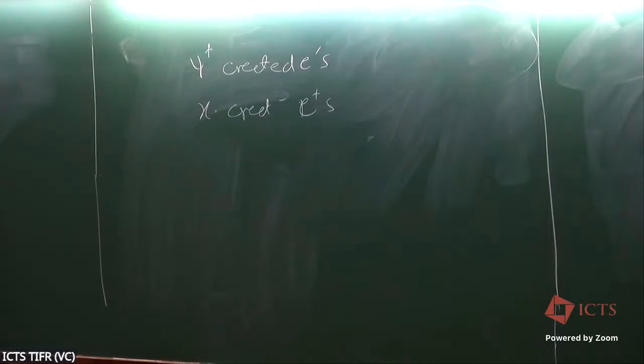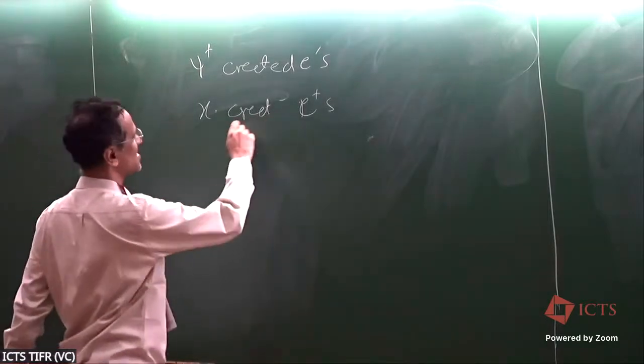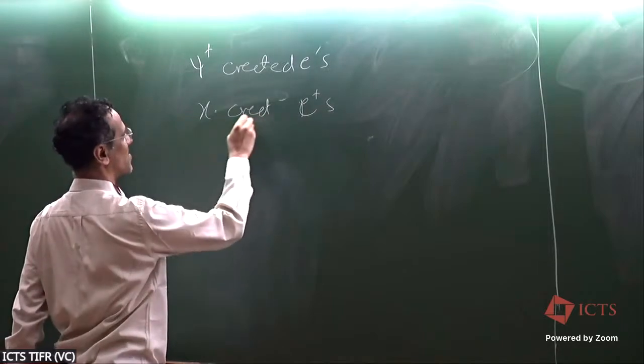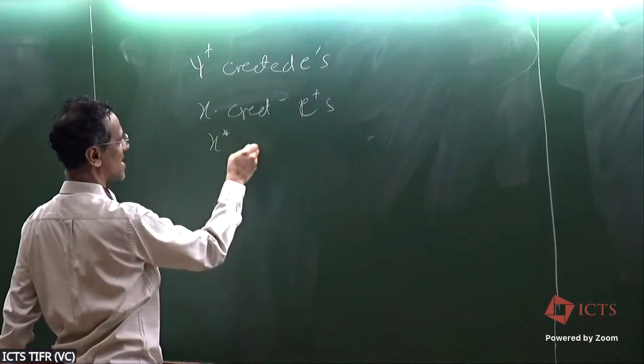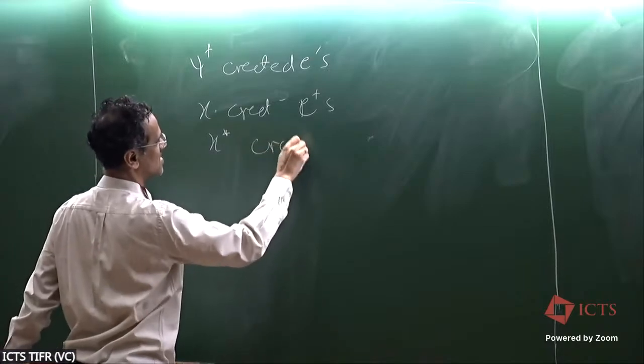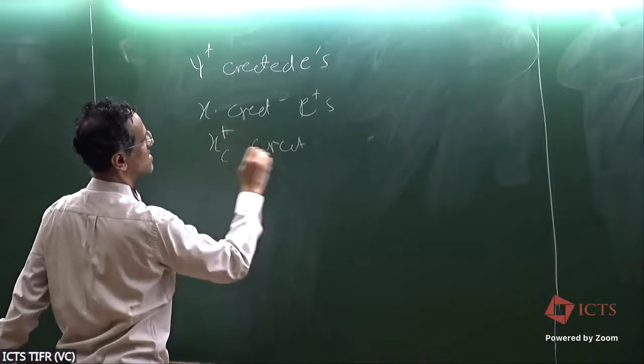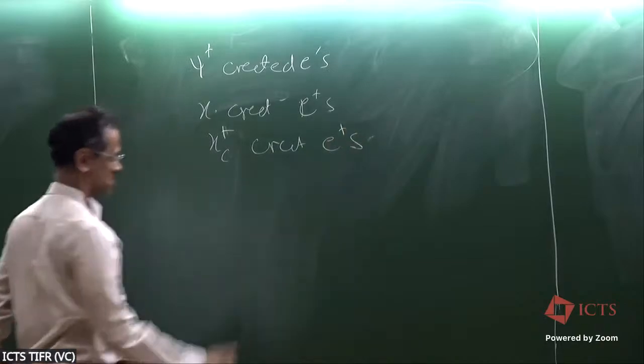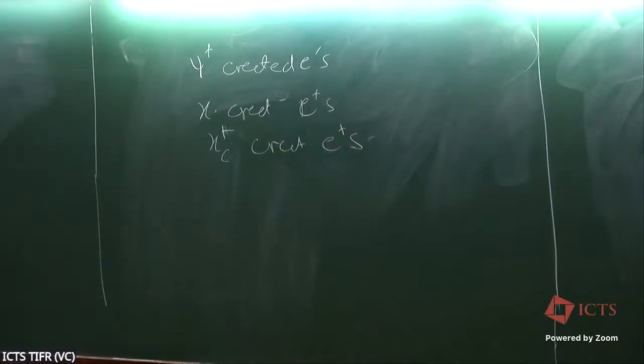But this kind of is a bit antisymmetric. So what I want to work with is chi star, which creates positrons. So that's just a small rewriting. There's nothing deep here.